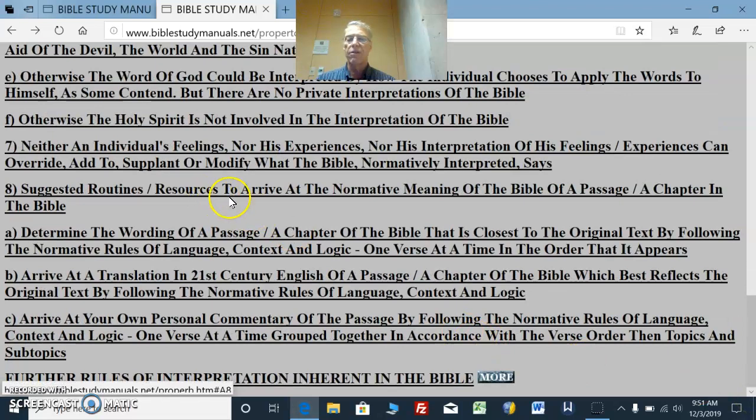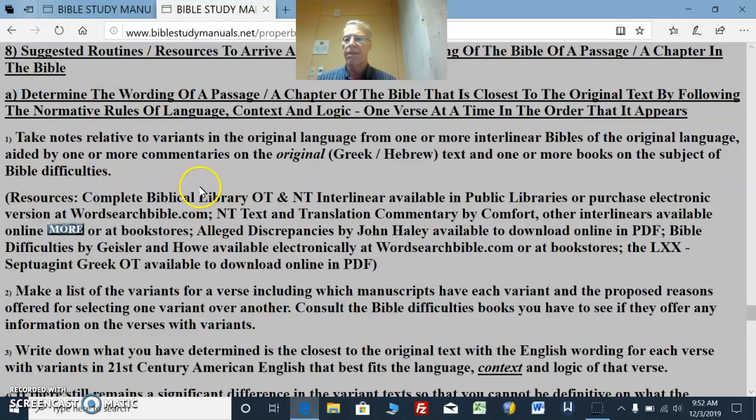Suggested routines, resources to arrive at the normative meaning of a passage in a chapter of the Bible are presented. Let's click on that and see.